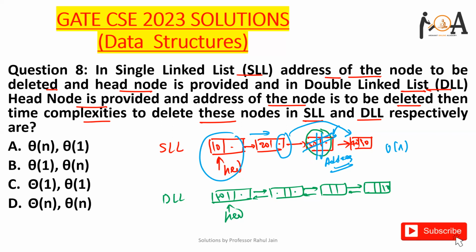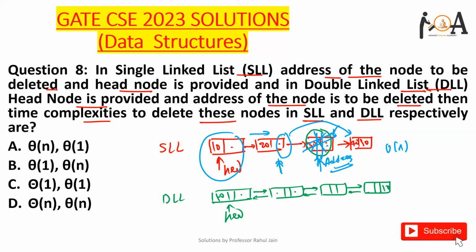So basically, we need to traverse up to that node. We also need to keep one pointer just behind it so that we can update its next. For deletion of this particular node, we need two pointers, one here and one just behind it.